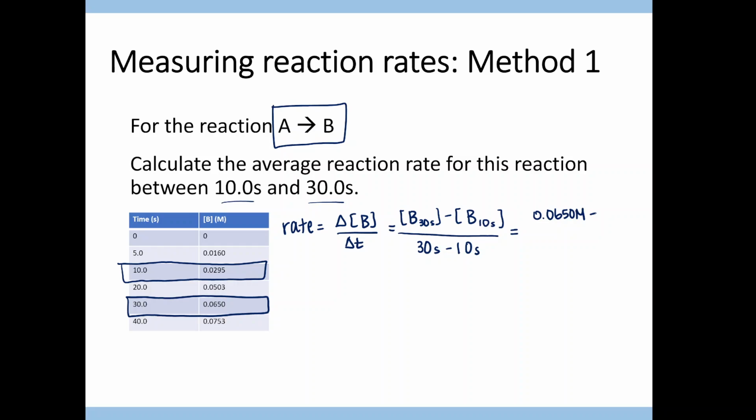Concentration of B at 10 seconds, 0.0295 molar. And then divide by change in time, 30 minus 10, 20 seconds. So the average reaction rate between 10 and 30 seconds for this reaction is 0.00178 molar per second.